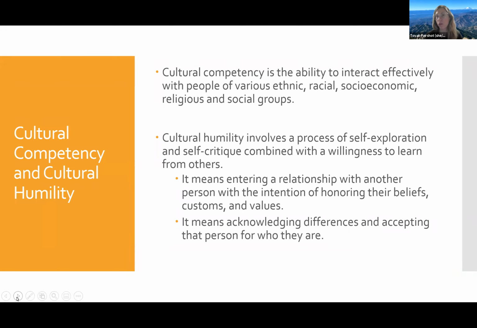You want to learn from others about their experiences. It really means entering a relationship with another person with the intention of honoring their beliefs, their customs, their values. It means acknowledging their differences and accepting those individuals for who they are, rather than ignoring the differences.